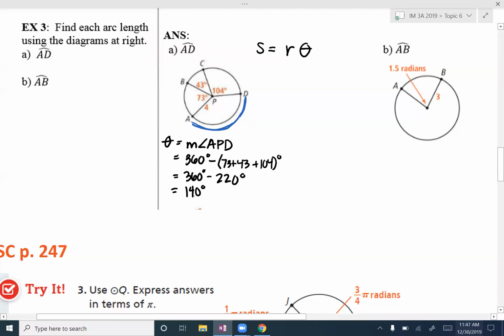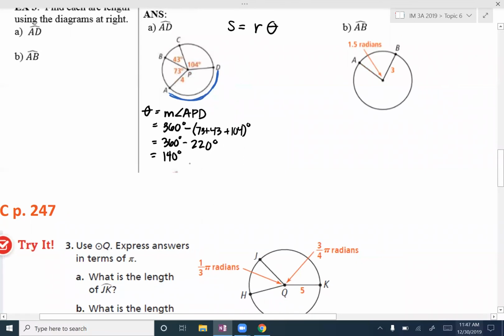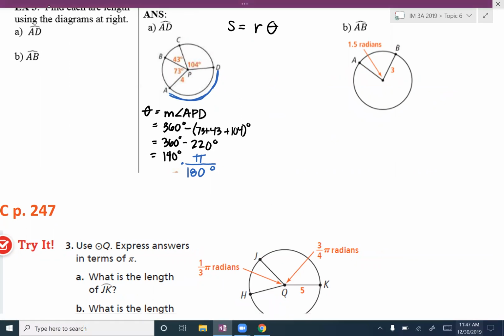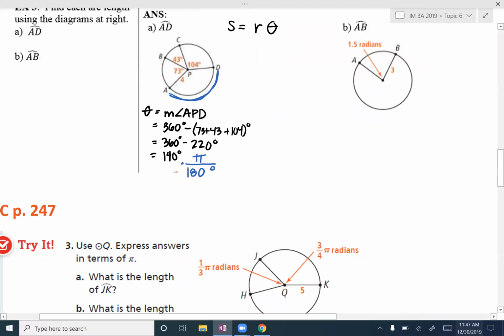Since I need 140 degrees in radian measure, I want to reduce out my degrees. So I'm going to multiply by pi over 180 degrees in order to write our answer in radians, in order to use the formula we have for arc length.